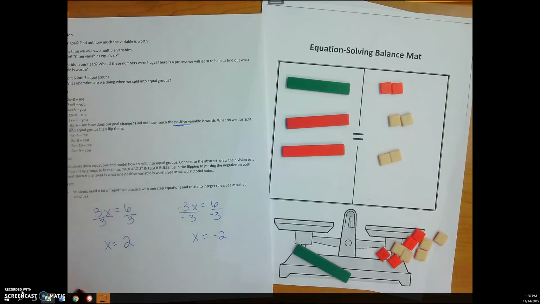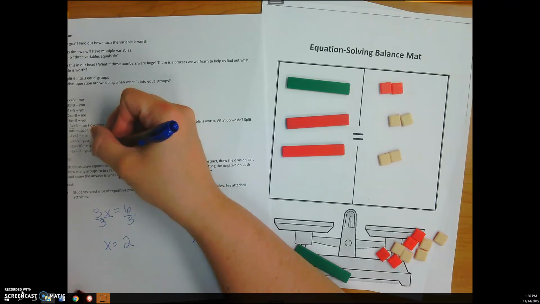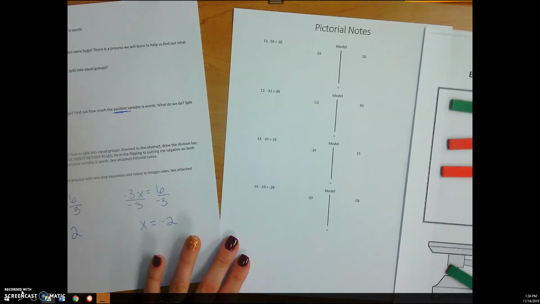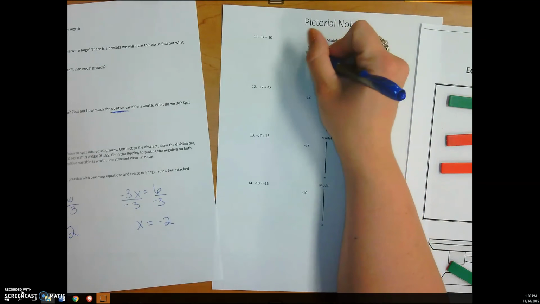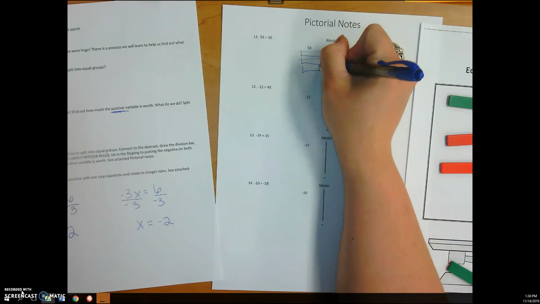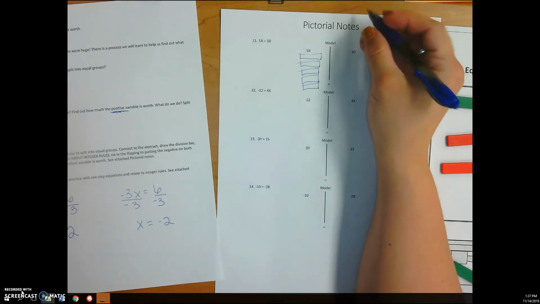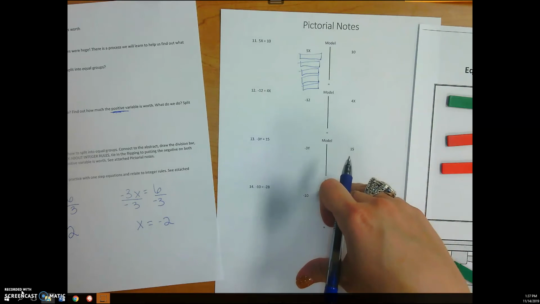All right, so again, you will model and solve with your students and move on to the pictorial versions of these. Your kids will model 5 variables. It's easier for them to go ahead and draw them this way. These are editable, so if you feel like you need some more room, you can put things down.